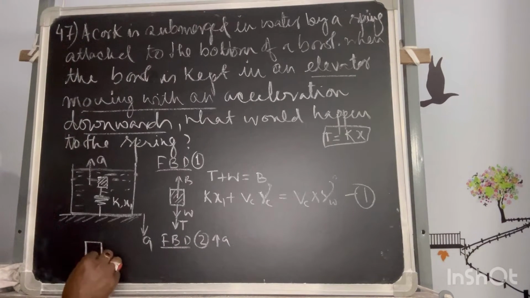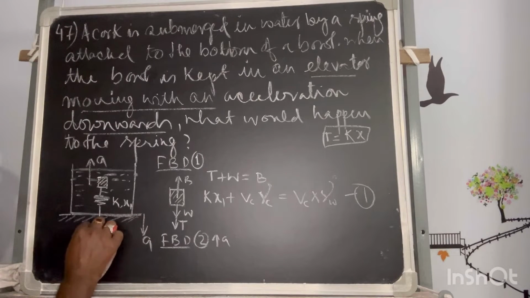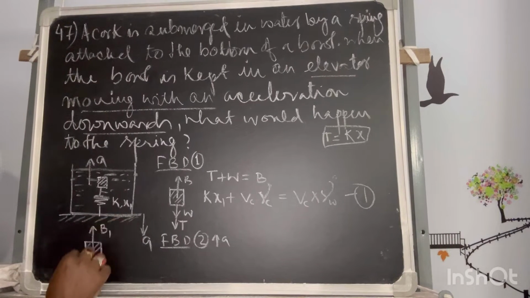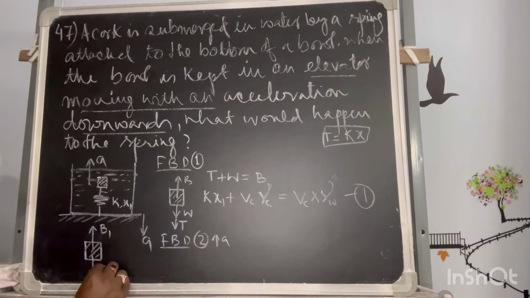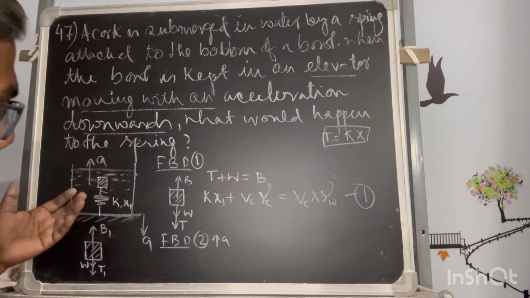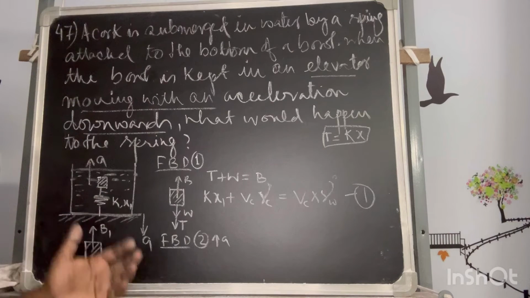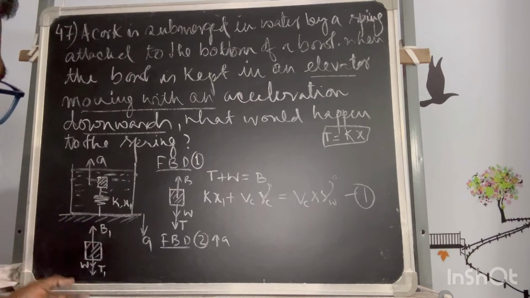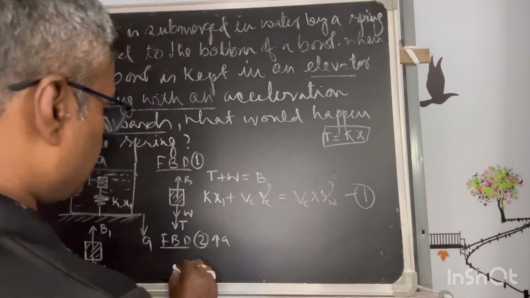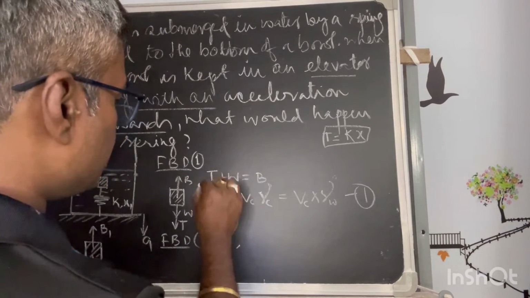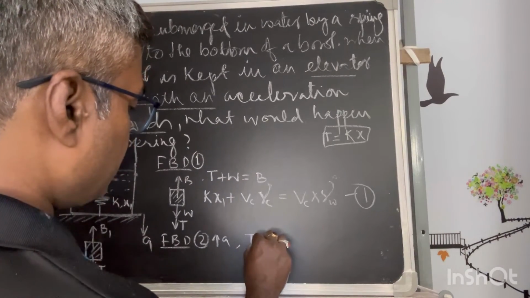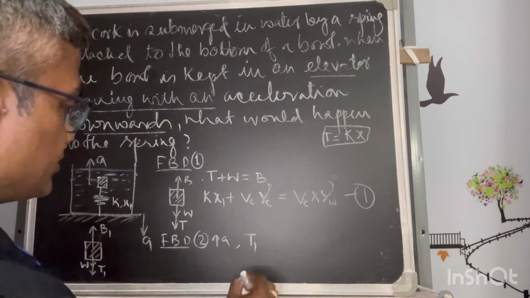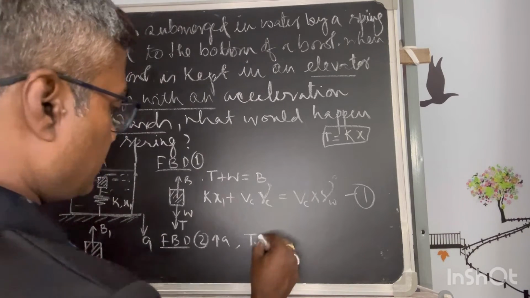If I draw it, this is the cork again. The buoyant force will be different. The tension created here may be a different T1, but the weight of the cork will not change, because we are on earth, and whatever the gravitational force attracting anybody, it will be the same. So in this second case, my equation is the tension in the spring due to the difference of the buoyant force and the weight.